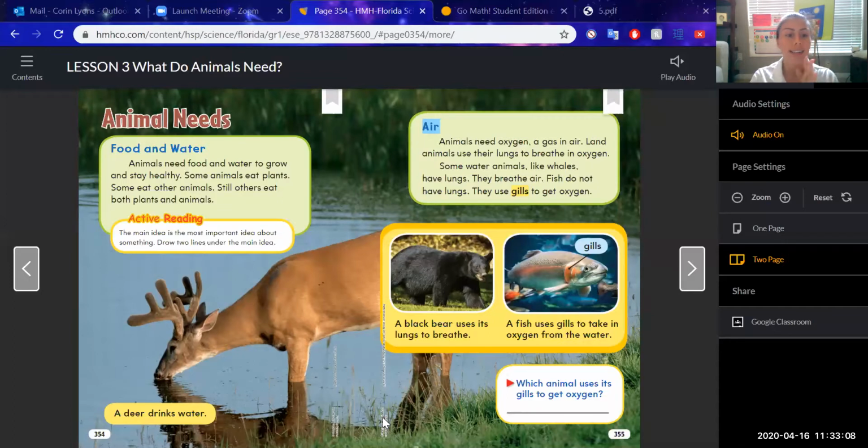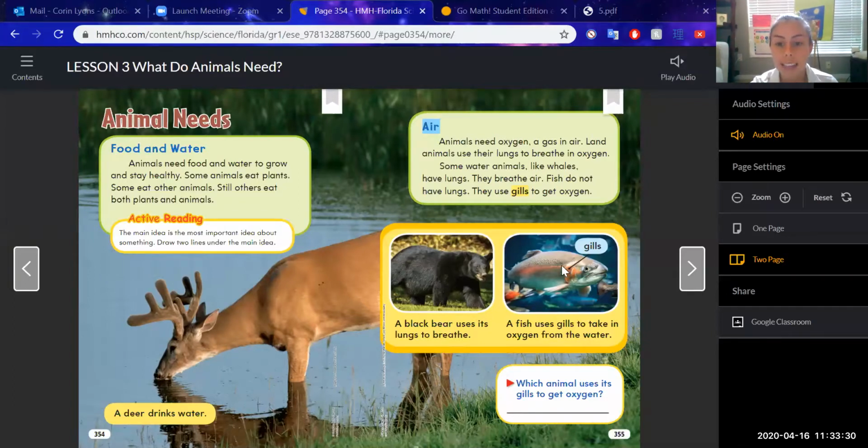You're right. A deer has lungs like us. Now let's look at a black bear. Do you think the black bear has lungs to breathe in air? Or do you think it has gills? Yes, the bear has lungs like us.